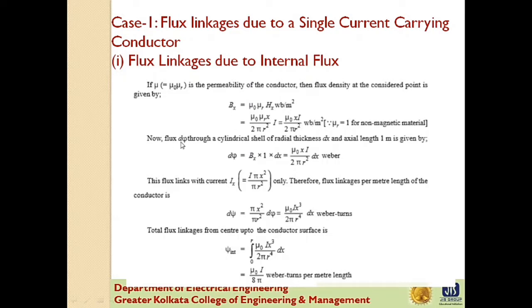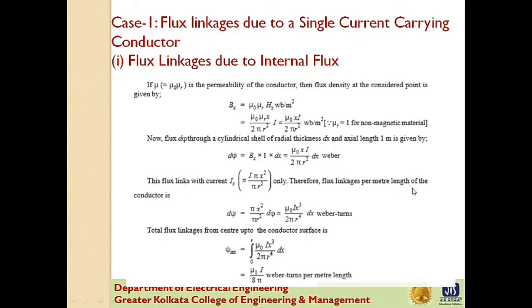Now the flux d phi through a cylindrical shell, radial thickness dx and axial length 1 meter, is given by d phi equals Bx into 1 into dx. Now put the value of Bx, we get this. This flux links with current Ix only.